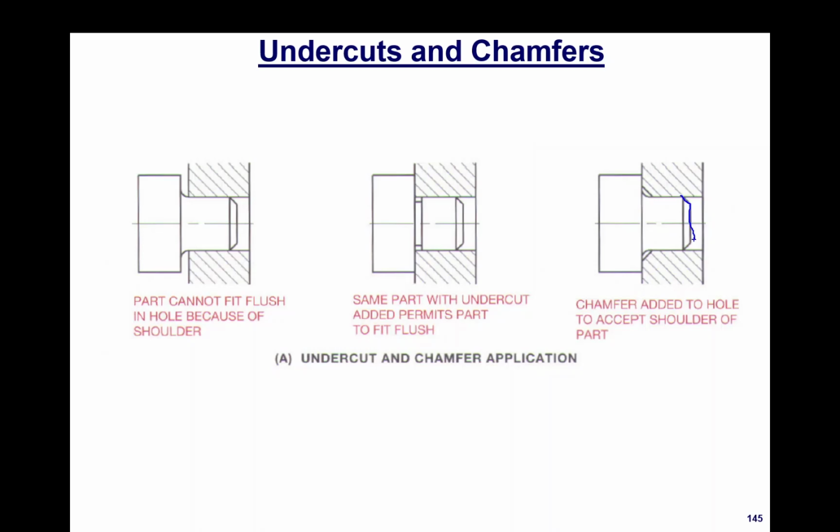Now that chamfering allows, I said this before in this lecture, piloting or aligning. This component might have to be pressed in. There might be an interference fit, meaning the shaft is larger than the hole, and we might have to use a press or a heater to expand the size of the hole, and then when it cools it'll shrink.